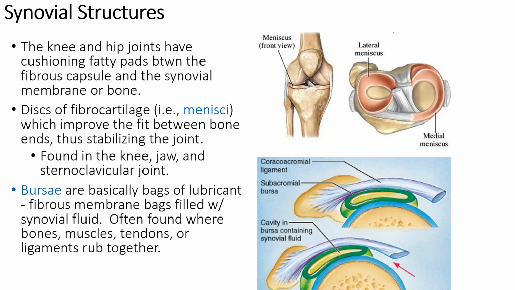You have these bursa sacs. You're going to have these bursa sacs where the acromion comes together with the clavicle. We're going to have them around our knee.